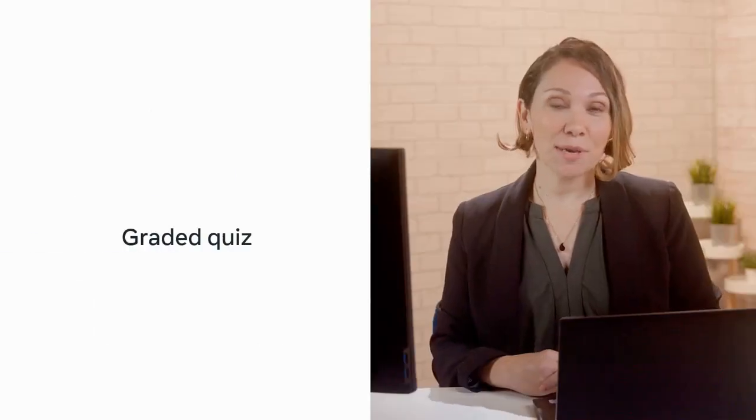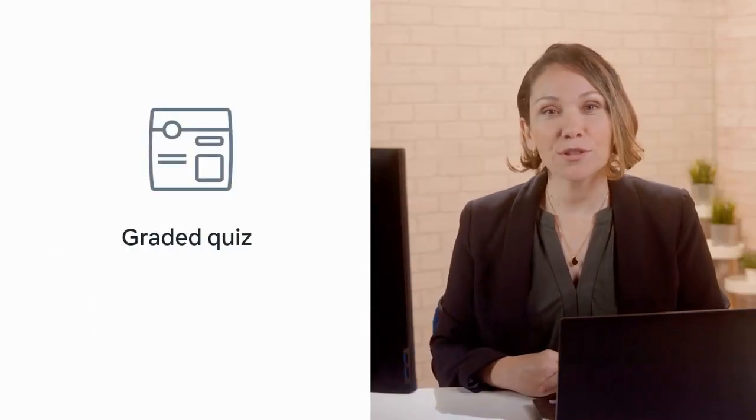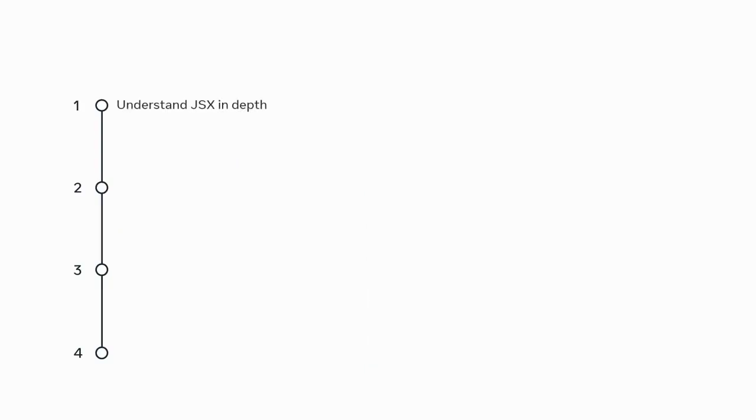The key skills measured in the graded assessment revealed your ability to understand JSX in depth, use advanced patterns to encapsulate common behavior via higher order components and render props, write tests for your application, and build a portfolio using React. So, what are the next steps?